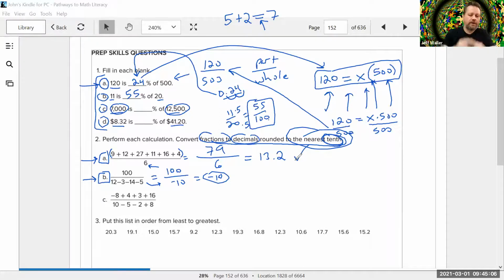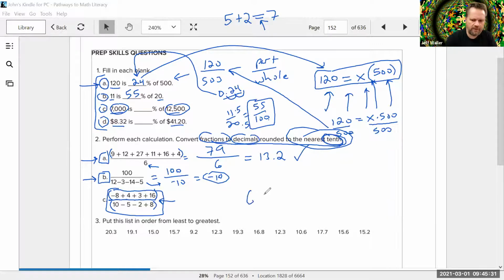And then part C, of course, is do the top, do the bottom. Now, here's why so many people think that division is last. Why is division last in this problem? Because it's a big bar, and we understand that to mean there's understood parentheses around the top and the bottom.